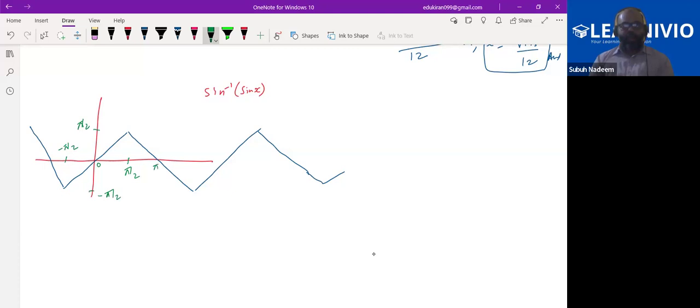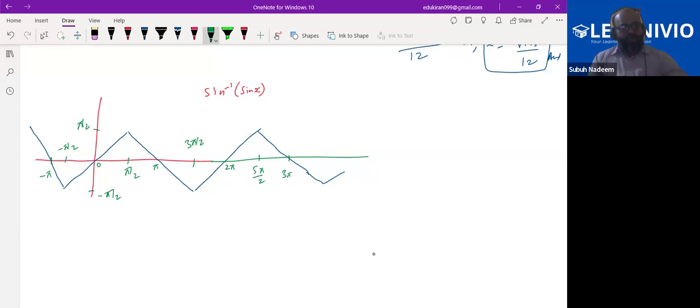And then this is pi. Then this is 3 pi by 2. And then we have 2 pi. Then 5 pi by 2. Then 3 pi. And here also minus pi. And it goes on like this from minus infinity to plus infinity.